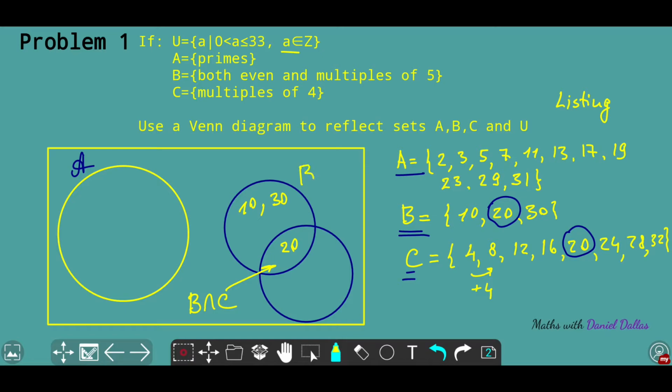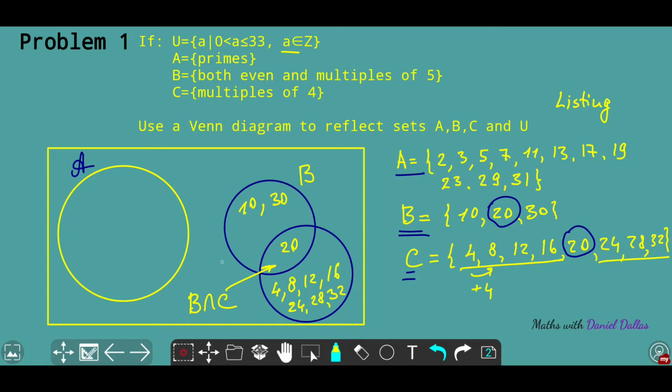That's going to be set B, and set C will comprise everything here and here. So every element: 4, 8, 12, 16, and then 24, 28, and 32. For set A we just put all this listing completely.